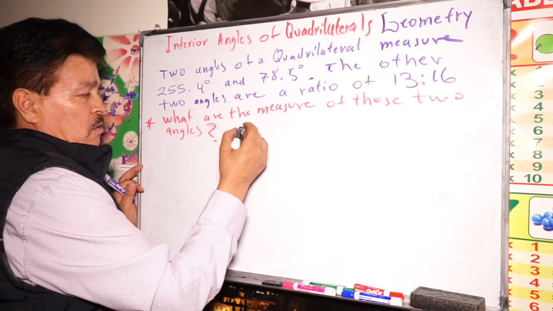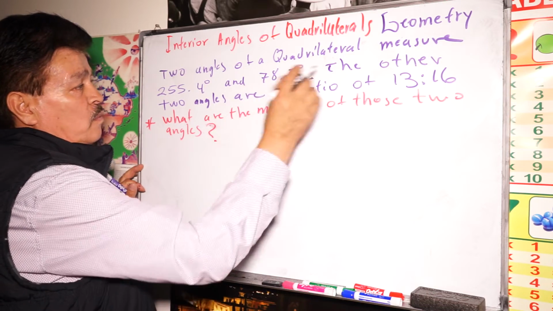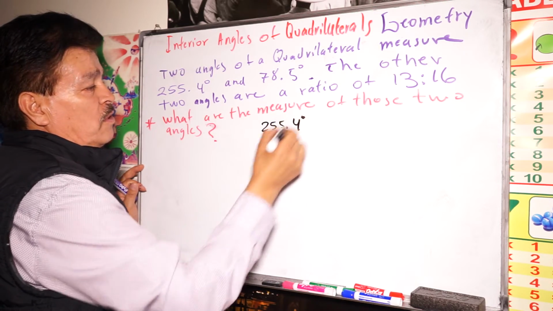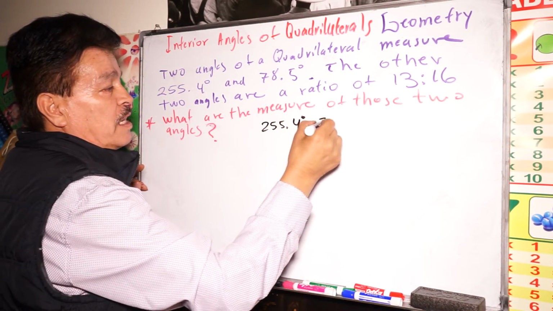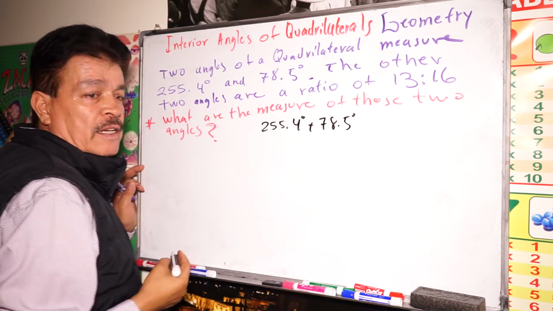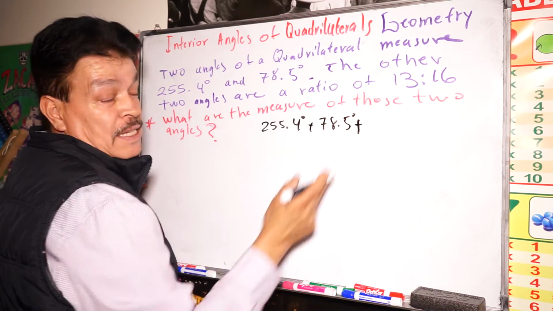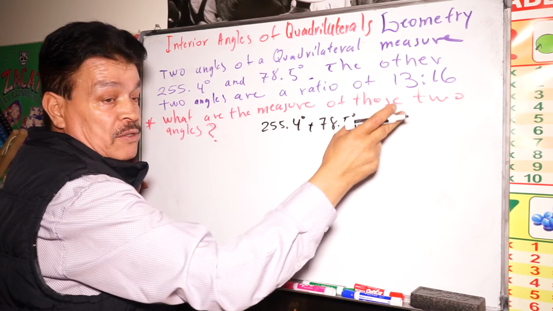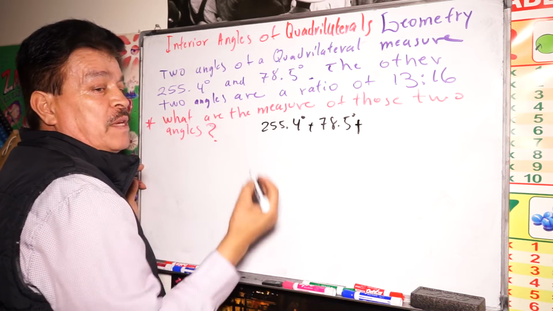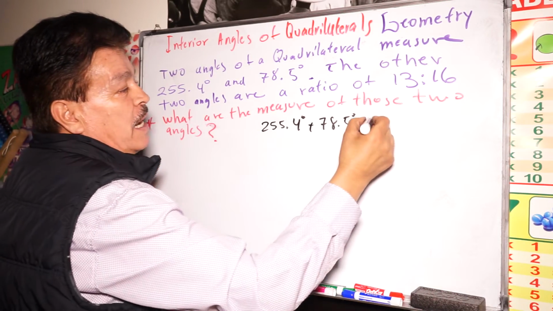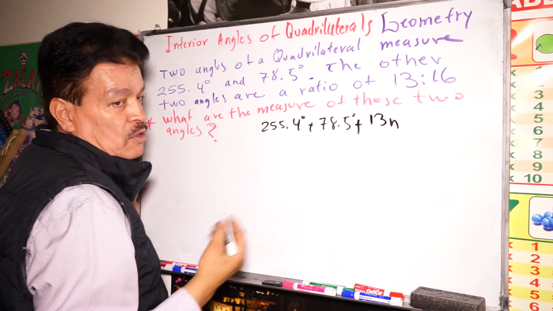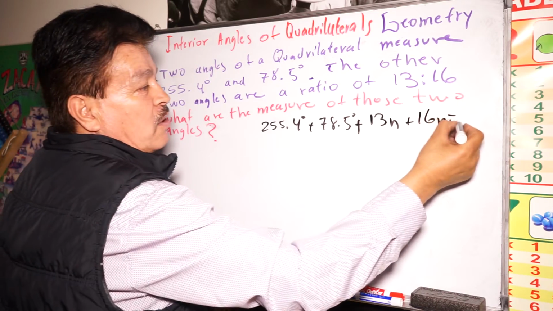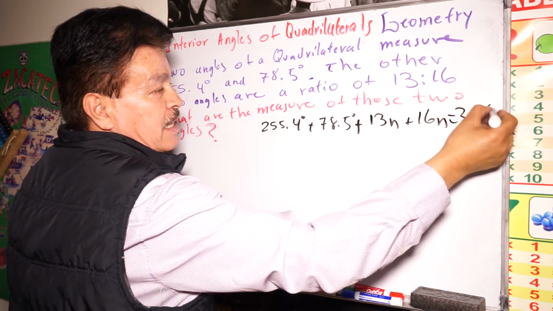Here we have 255.4 degrees plus 78.5 degrees, plus, remember the ratio that I wrote, 13n, because we don't know, plus 16n, equals 360 degrees.